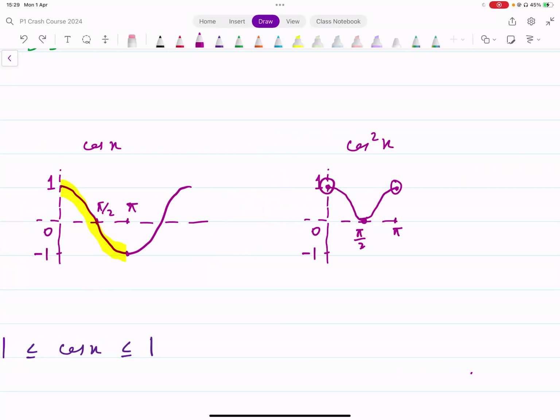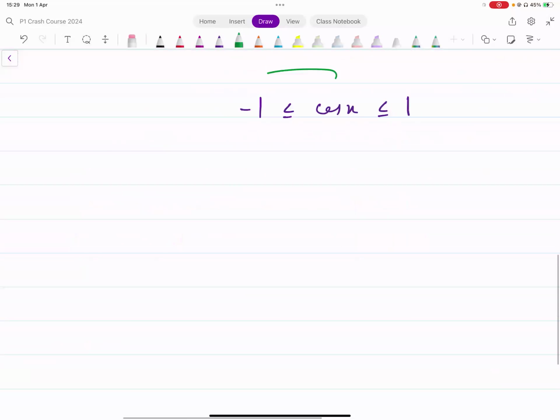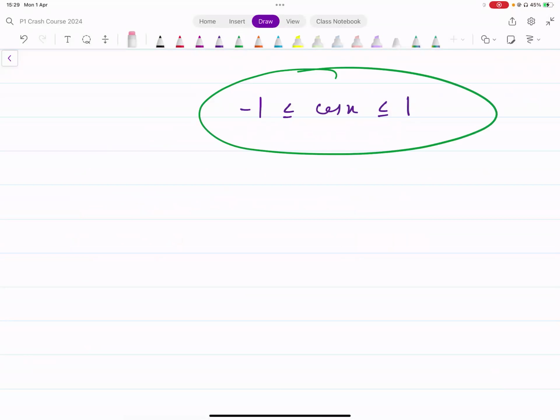The range of cos square x is actually going to be from 0 to 1 instead of minus 1 to 1. So in cos of x or sine of x, we use minus 1 to 1.